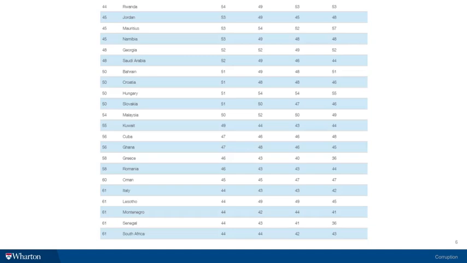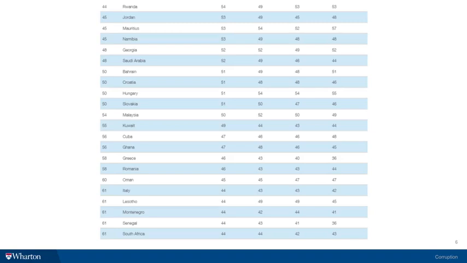Below 50 means that a country is perceived to be more corrupt than it is clean. And for this year, that comes in at around 54. So 54 countries are cleaner than they are corrupt, and from 54 to 170 or so, I think this year is 167, countries are perceived to be more corrupt than they are clean.